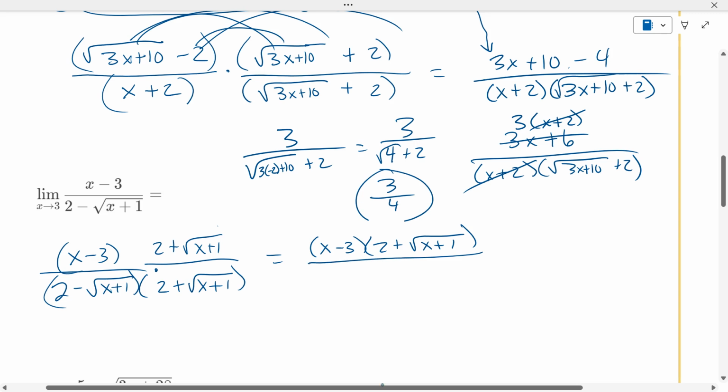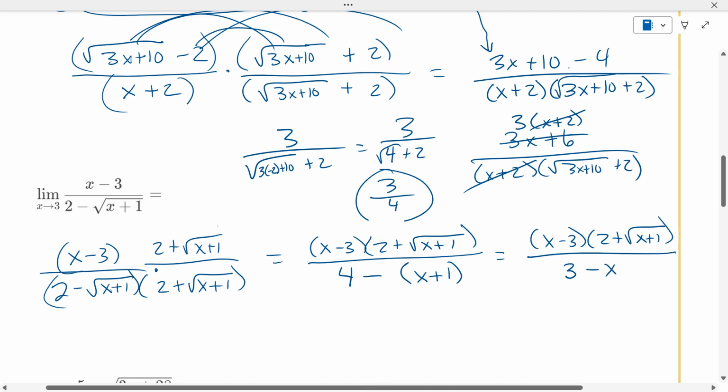The denominator we FOIL. 2 times 2 is 4 minus, and whatever matches, x plus 1. So it's x minus 3 times 2 plus the square root of x plus 1 over 4 minus 1 is 3, and then minus x.